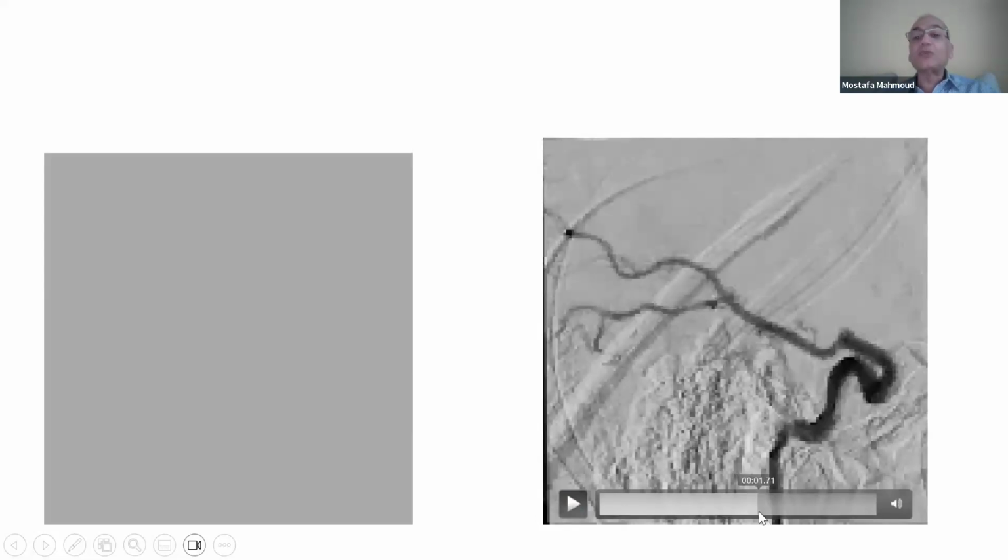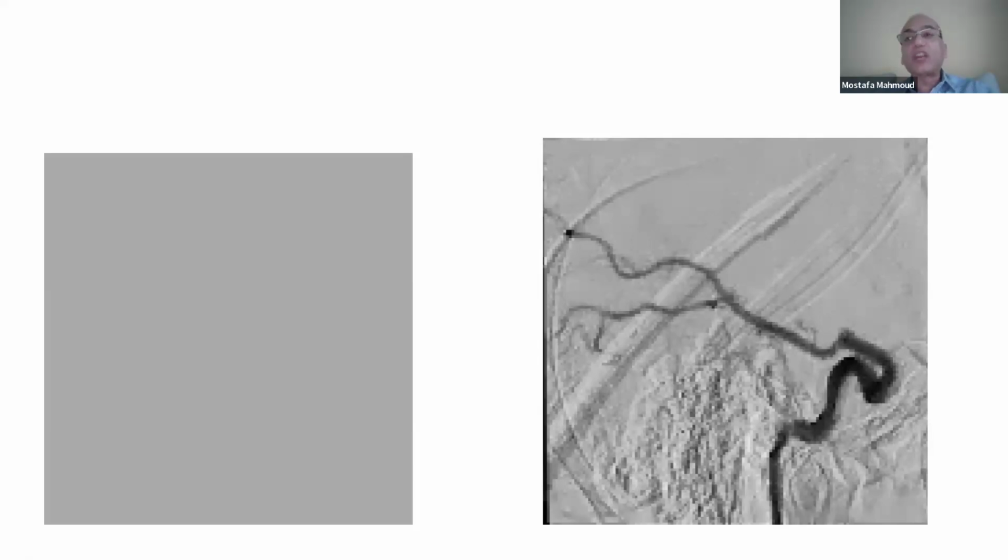So what to do? To go further? To recanalize the ICA, despite that the CTP was pointing to you that the MCA was good. Here, I said, I have to go to the contralateral side to have a look on the left ICA.